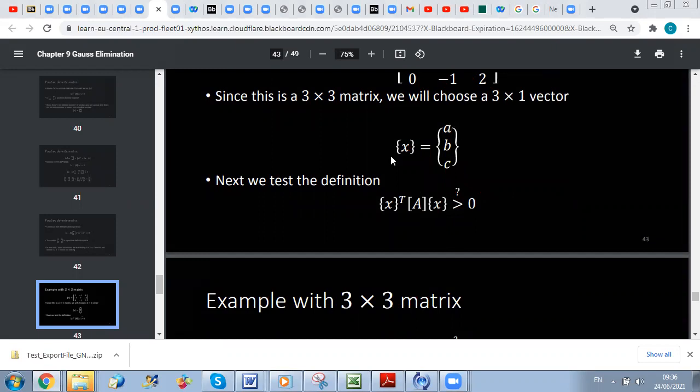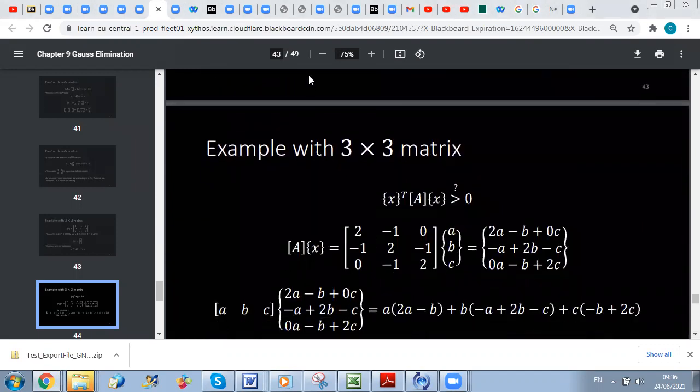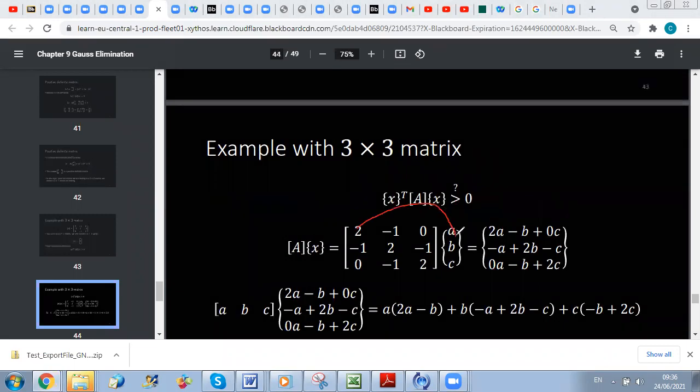So we consider any vector ABC, and we perform again the same operation. We start by doing A times x. So we have 2A minus B plus 0C for the first row. For the second one, we have minus A plus 2B and minus C. And finally, for the third row element, 0 times A minus B plus 2C.